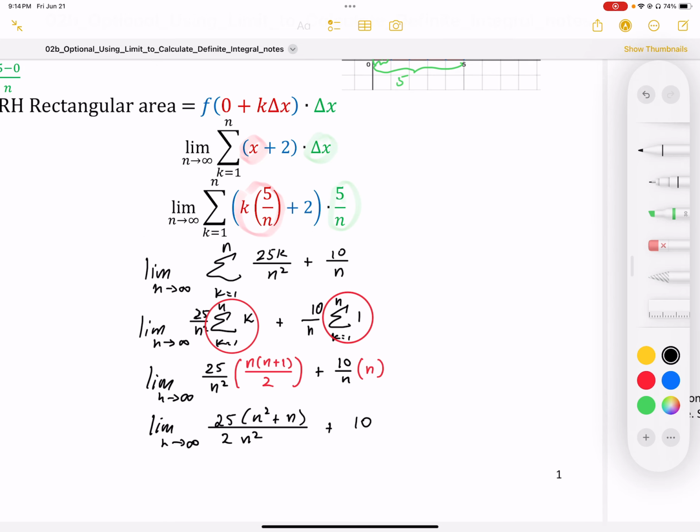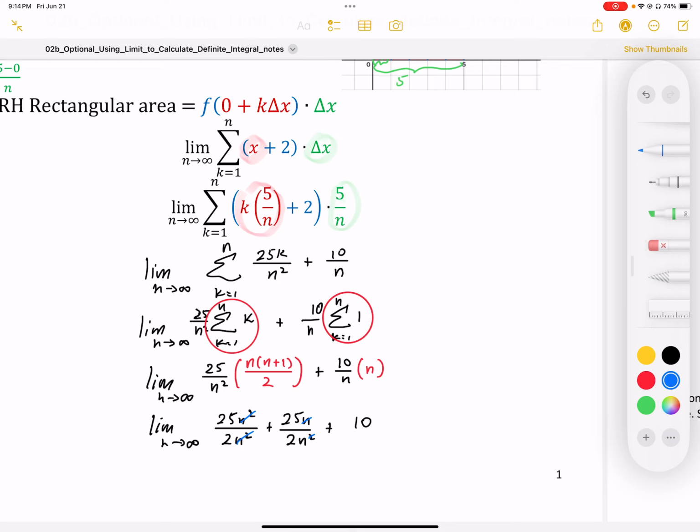Okay, and then I need to maybe separate this out. So I'm going to end up with 25 n squared over 2n squared plus 25 n over 2n squared. So you can see that these are going to cancel out.